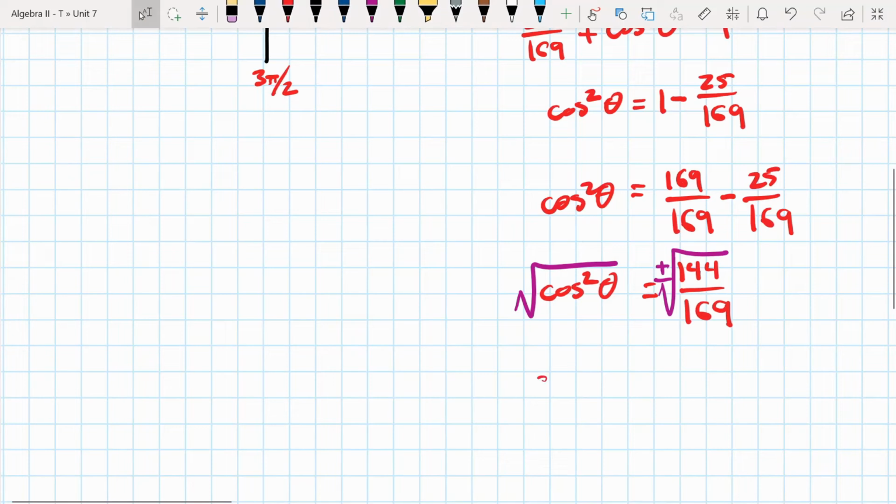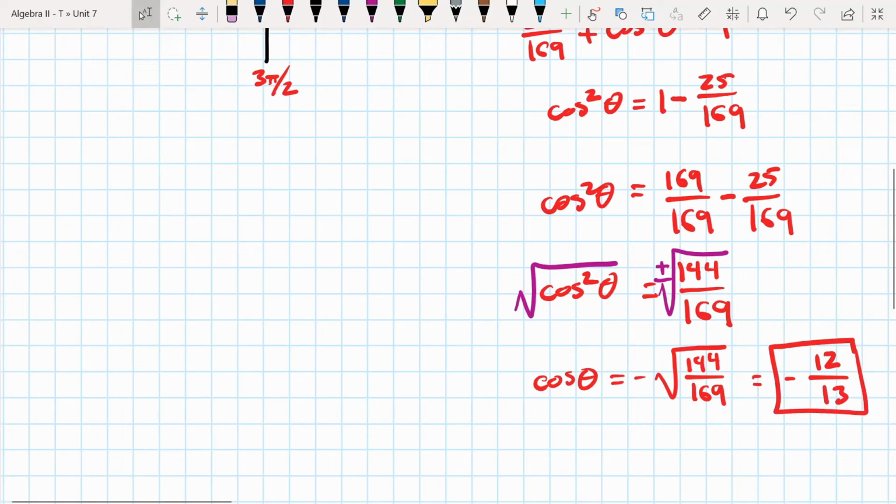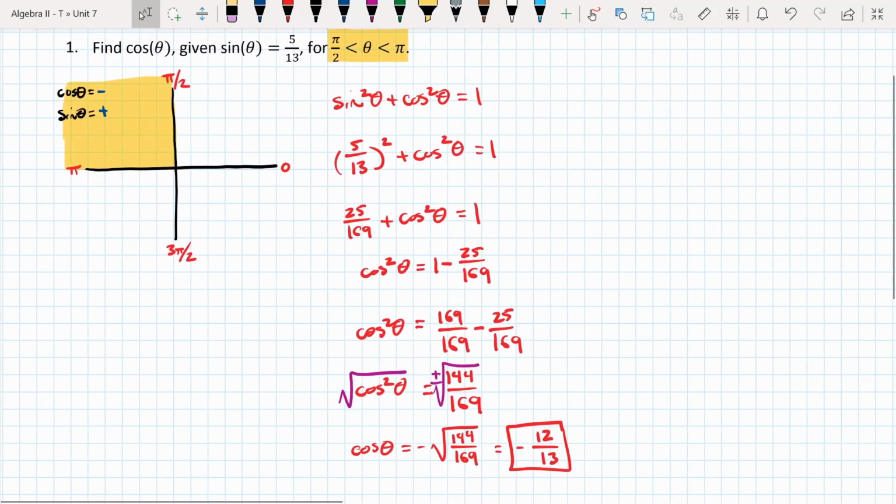So cosine of theta is equal to, since it's in the second quadrant, negative square root of 144 over 169. This can be simplified. The square root of 144 is 12. The square root of 169 is 13. So our answer here is negative 12 over 13. That's the value of cosine of theta, given that sine of theta is equal to 5 over 13, and theta has to be between pi over 2 and pi.